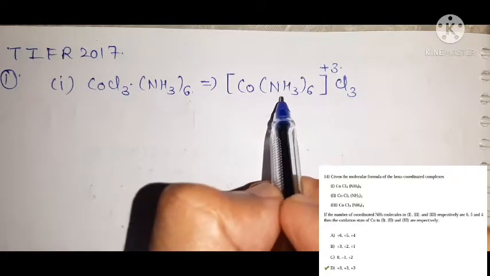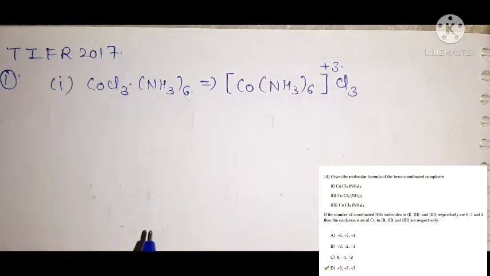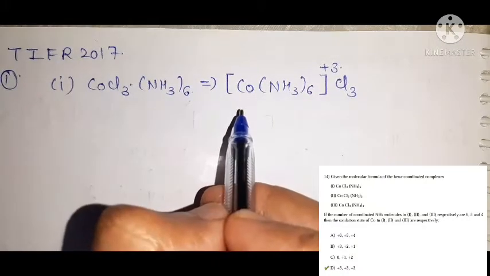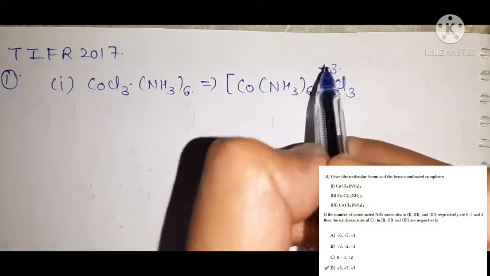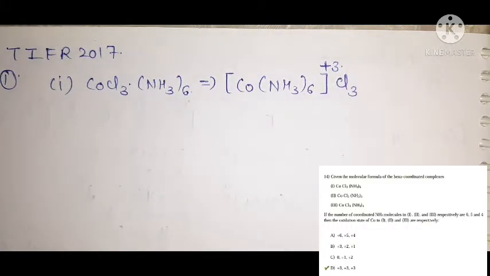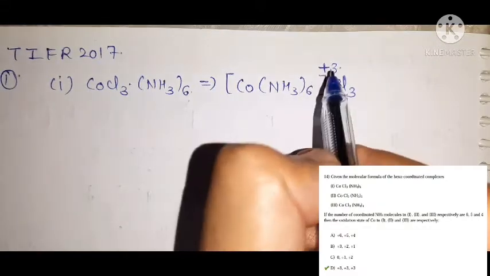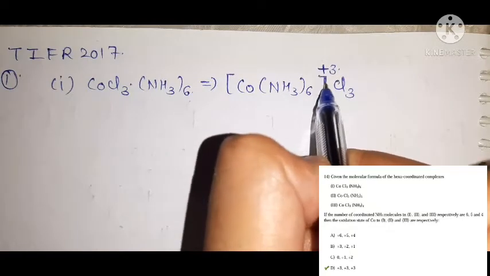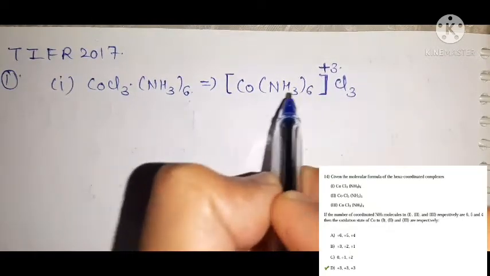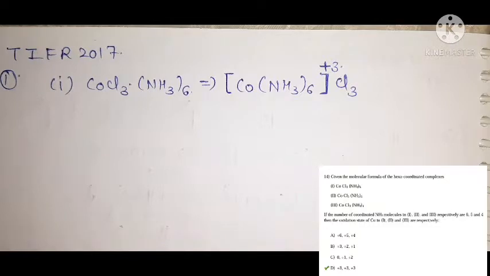In this complex, NH3 is a neutral ligand, so its contribution will be 0. When all ligands present in the coordinated complex are neutral ligands, the valency present on the coordinated complex, that is the primary valency, is also the valency of the central metal atom.